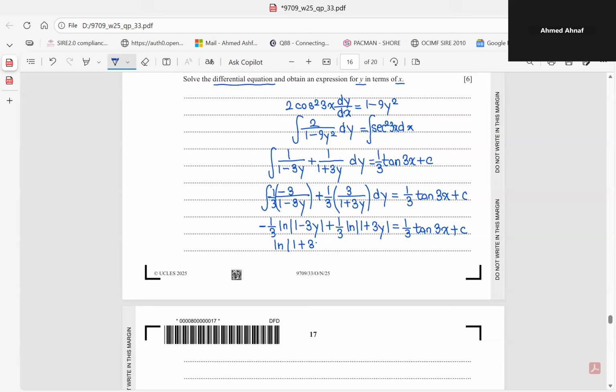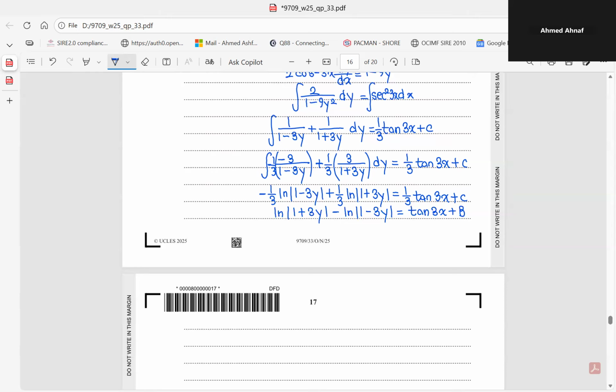You can keep them if you're okay with it. So ln 1 plus 3y minus ln 1 minus 3y equals tangent 3x. And for the c, you don't have to write 3c because you're just multiplying a constant with another constant. So just call it a new constant called b, or whatever letter you would like to use.